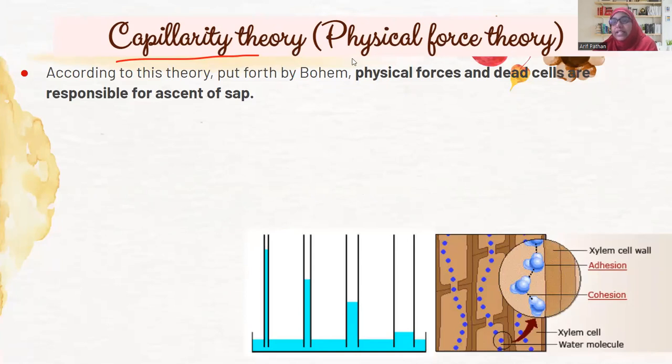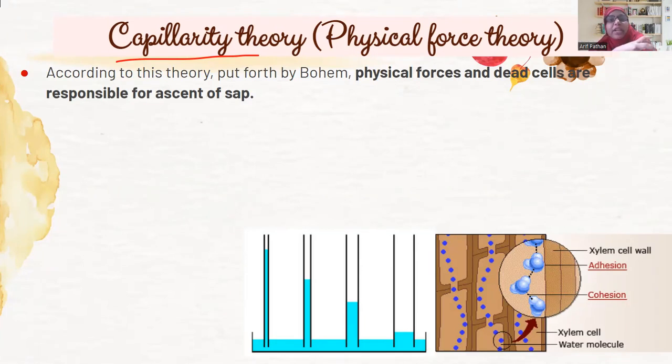According to this capillarity theory by Boehm, physical forces and dead cells are responsible for ascent of sap. In the previous vital theory, Jay Priestley was saying the activity of the root cells was responsible.